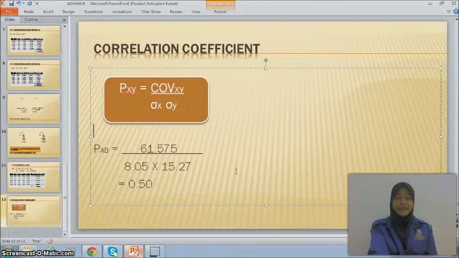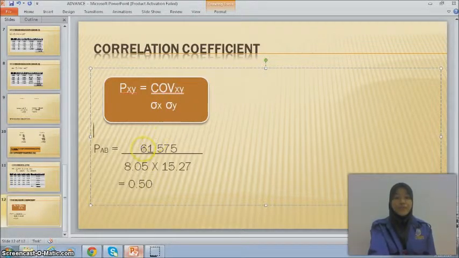I will explain and show how to calculate the correlation coefficient. So this is the formula for correlation coefficient, where Pxy equals covariance xy divided by standard deviation x times standard deviation y.